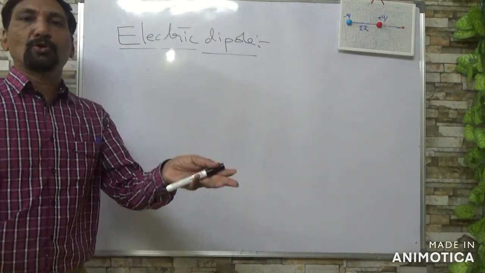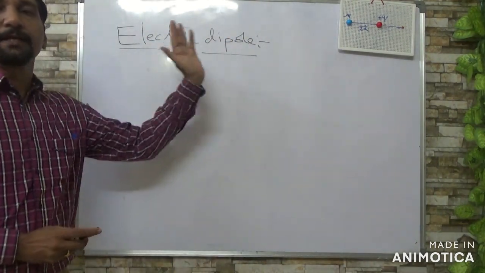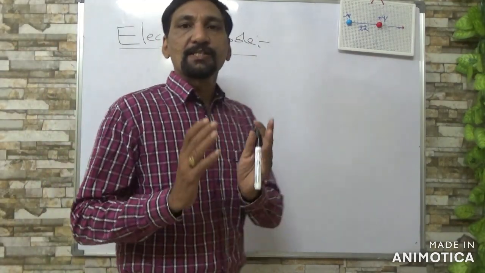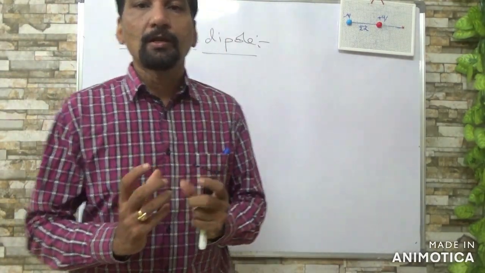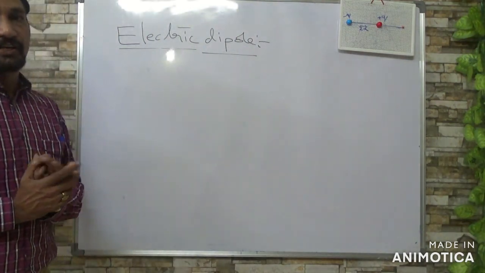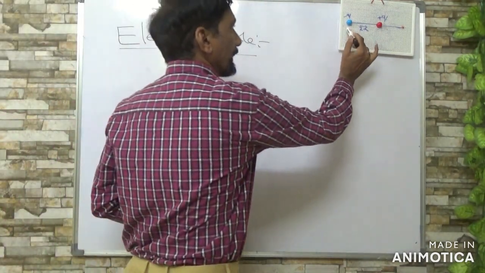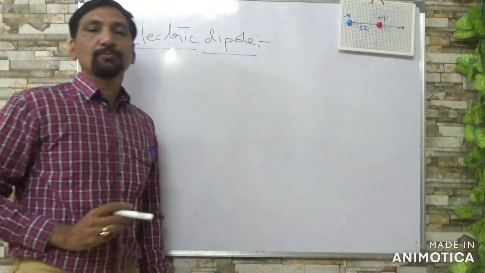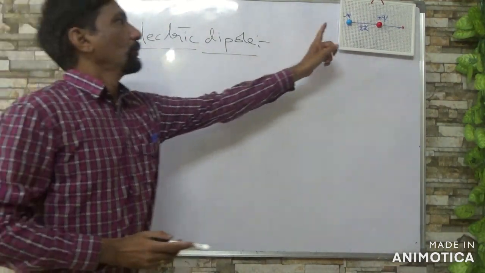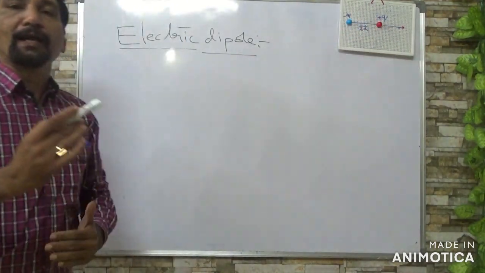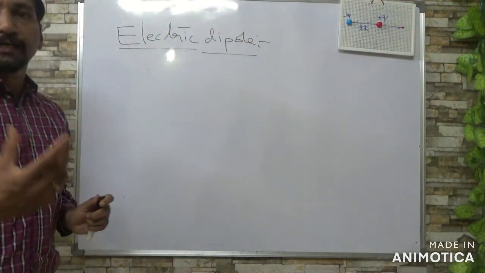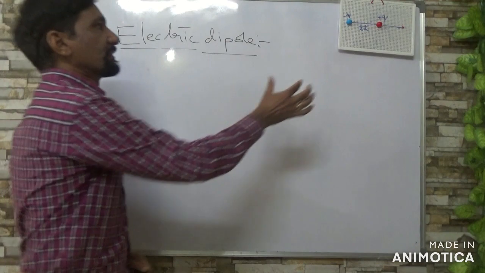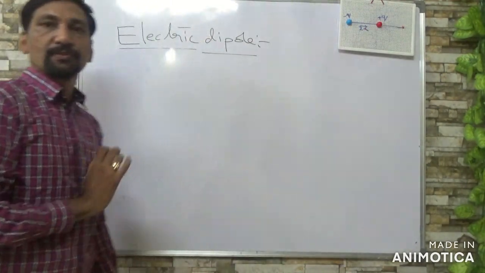Dipole means two poles. Electric dipole means a system of two equal and unlike charges, like negative and positive, separated by a certain fixed distance.